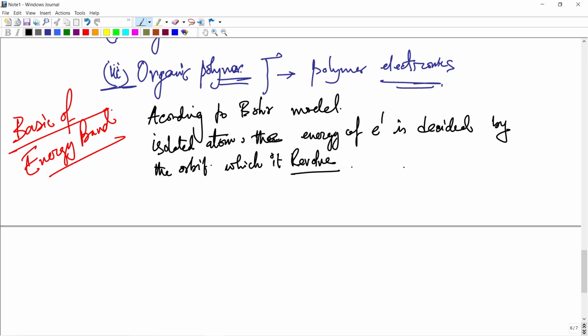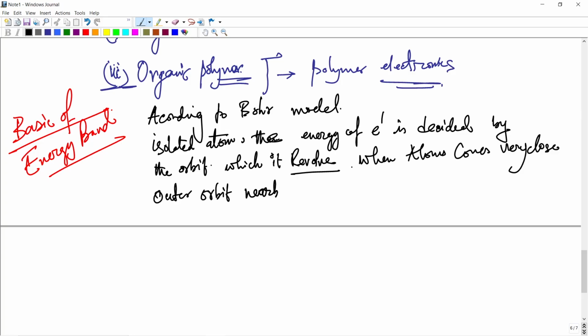When two atoms come very close, the outer orbits of nearby atoms, since the element has a huge number of atoms, are very close and look like they overlap, to form a band.